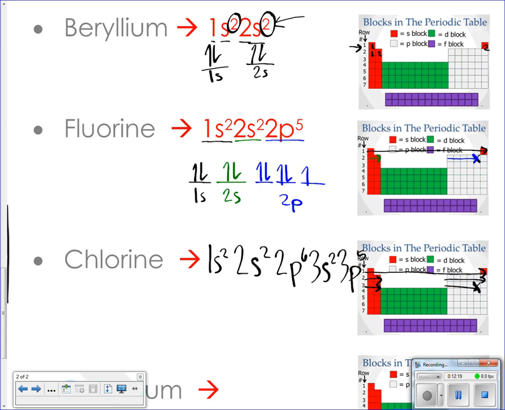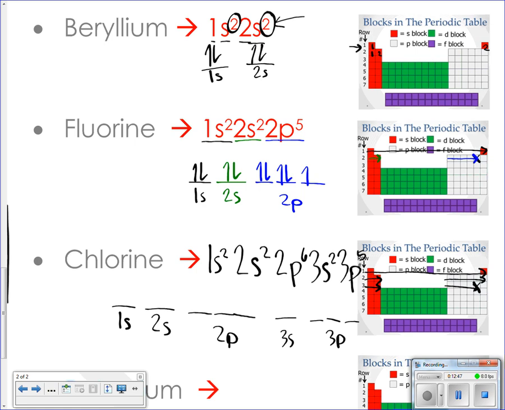And if we're going to draw out these orbital diagrams, we'll have 1s, 2s, so the s has 1 orbital, p, so 2p would have 3 orbitals, then 3s would have 1 orbital, and 3p has 3 orbitals.